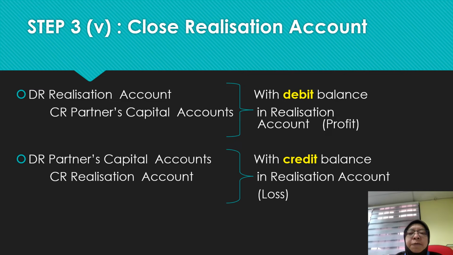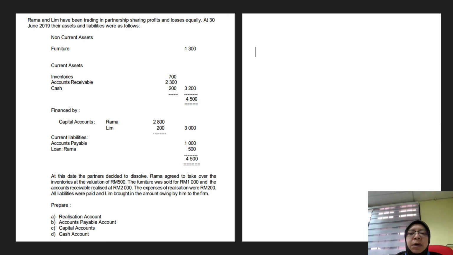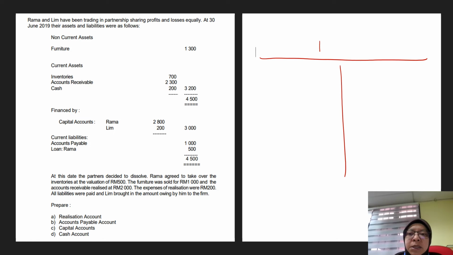If the balancing figure is on the debit side of the realization account, it shows that there is a profit on realization, and if the balance is on the credit side, it shows that there is a loss on dissolution or loss on realization.